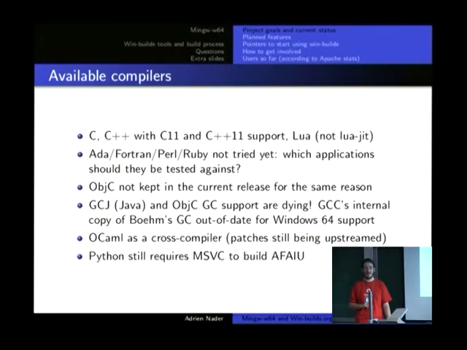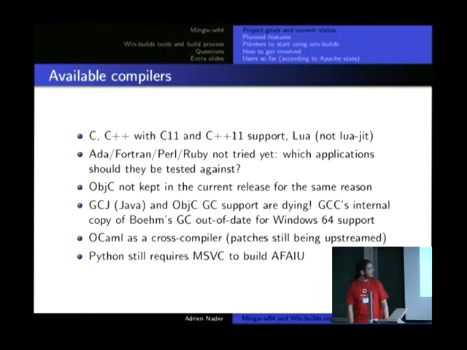The copy of libgc in GCC is from 2007, so it doesn't have 64-bit support, and no one is taking care of it. So honestly, it's probably going to die very soon.